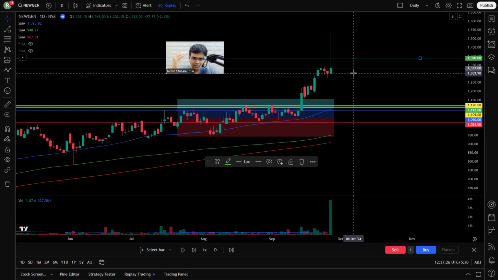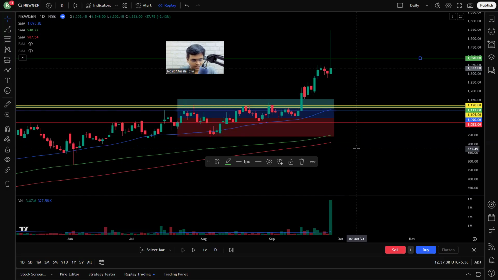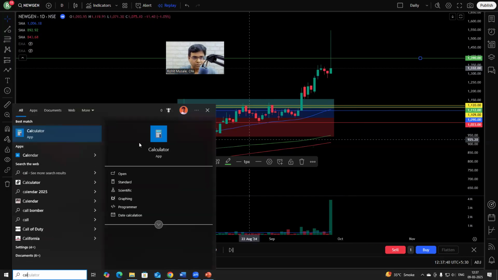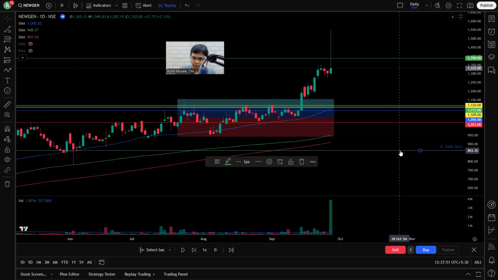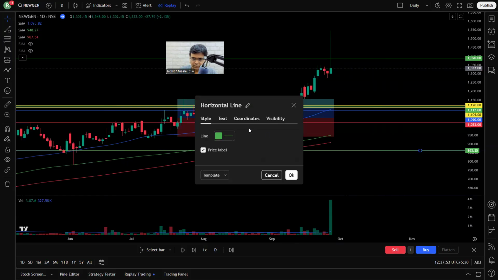That's a mental target. Remember, in one of my previous videos, I told you to draw two lines. After you buy a stock, you draw two lines, one at 20% and one at 25%. So if I draw those two lines here, let me draw a line at 20%. 1112 multiplied by 1.20 is 1334.